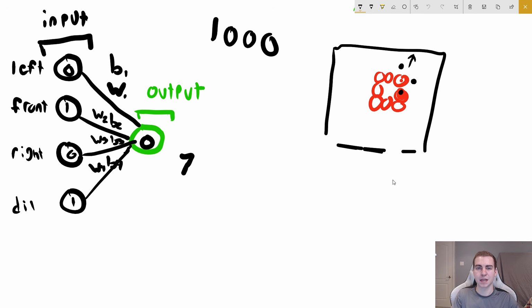All right, so now it's time to discuss a little bit about activation functions. Right now, what I've actually just described to you is a very advanced technique of linear regression. Essentially, we are adjusting weights, we're adjusting biases, and we are creating a function that, given the inputs of like X, Y, Z, W, or like left, front, right, gives some kind of output.